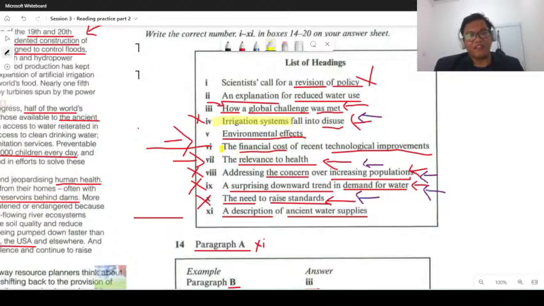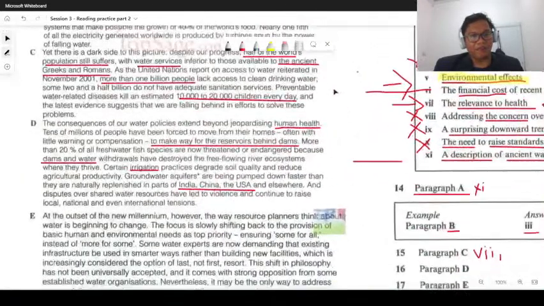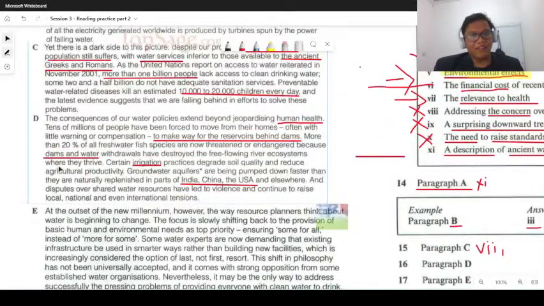Next, the financial cost, definitely nothing there. Oh, sorry, environmental effects. Yes, there were some environmental effects as well, right? If we take a closer look again at the paragraph, here, more than 20% of all fresh water fish species are now threatened or in danger.